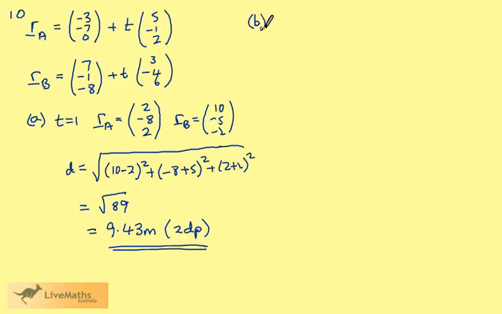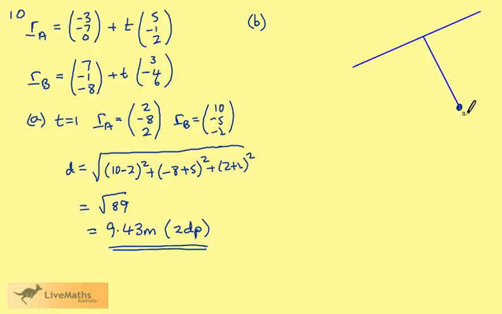In part B, we're asked to find the shortest distance between the two model planes and the time at which this occurs. You can always solve this type of problem with relative motion by doing the following.